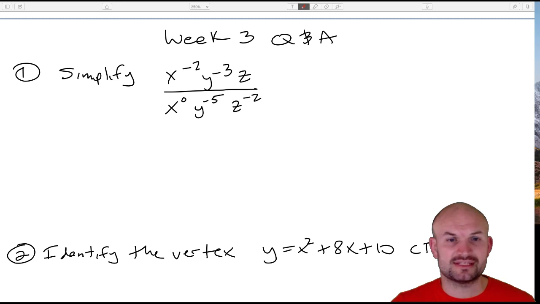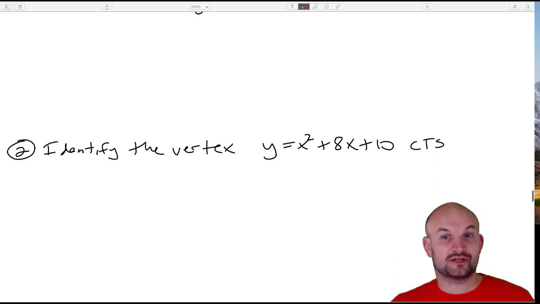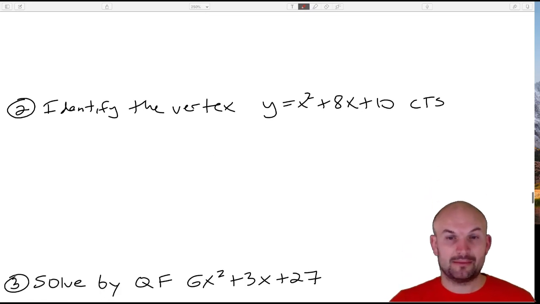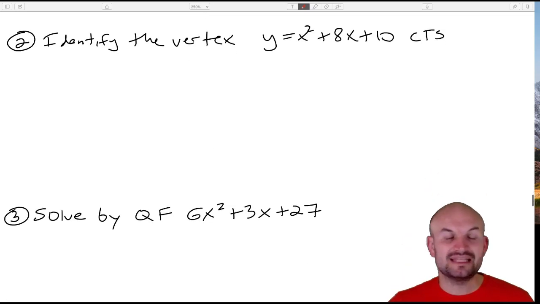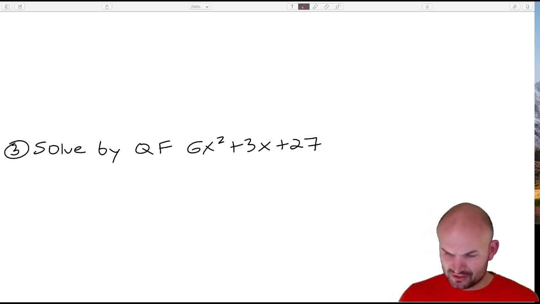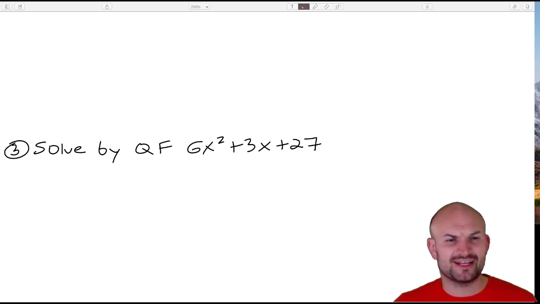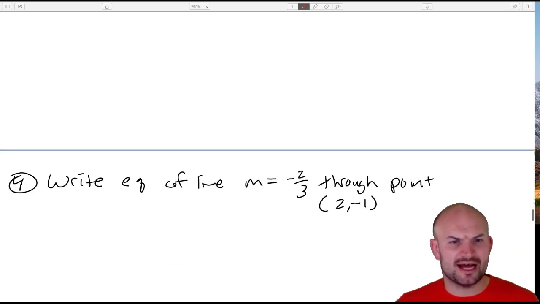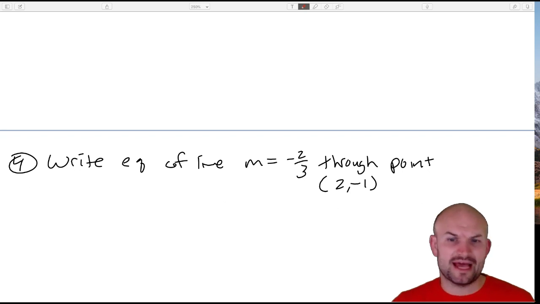We're going to cover the rules of exponents, especially with negative exponents. We're going to do another completing the square problem, identifying the vertex by completing the square. We're going to look at applying the quadratic formula. I believe my calculator has battery, so I can complete this problem, and I do. So we'll go ahead and go through that. We're going to learn how to write the equation of a line given the slope and through a point using the point-slope form.